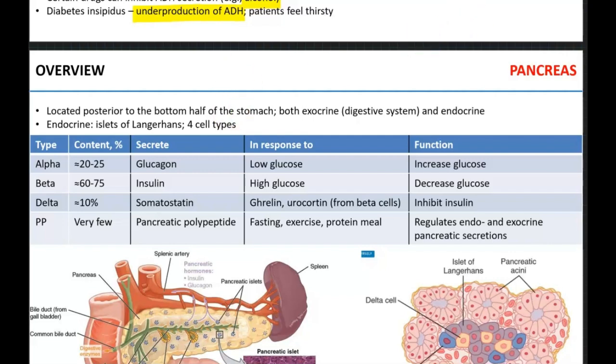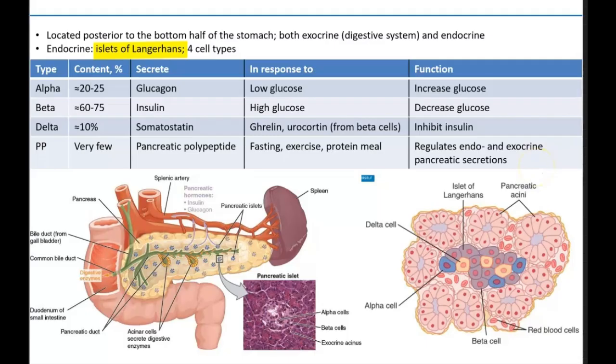The cell types found in the pancreas that are endocrine are all located within the islets of Langerhans. You can see a typical islet of Langerhans right here and right here. Just so you feel better, I'm not going to ask you to identify individual cell types within. As long as you can see the islet of Langerhans on the anatomy exam, you're good.